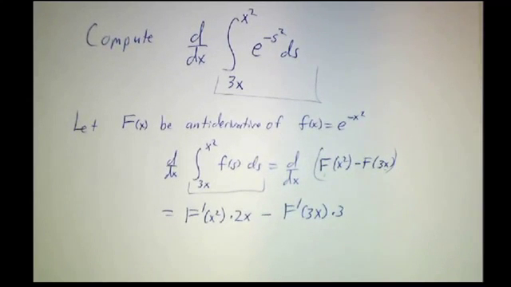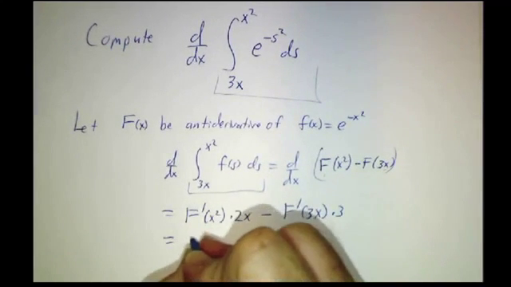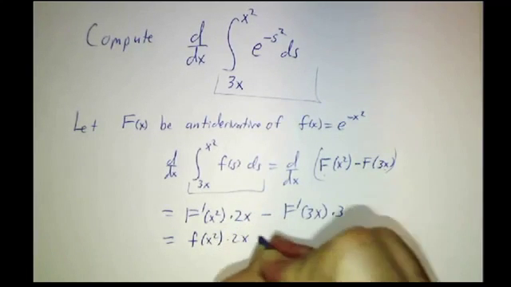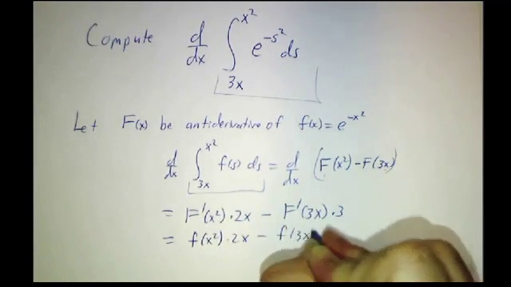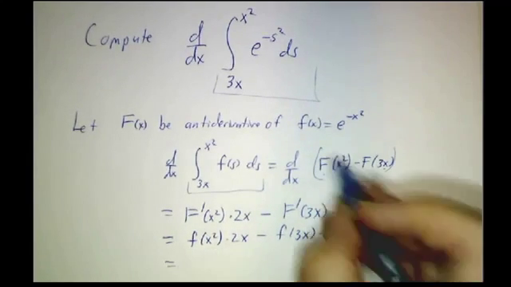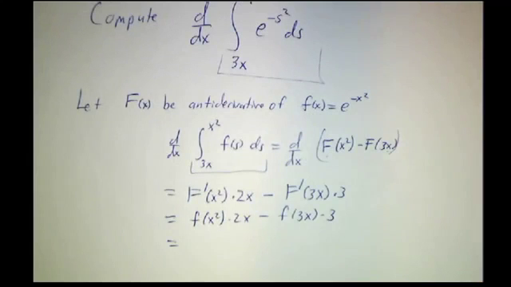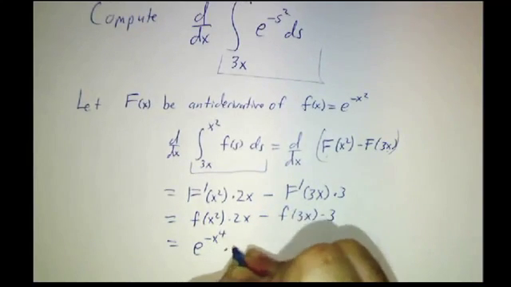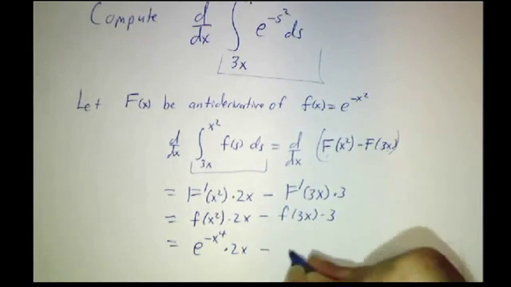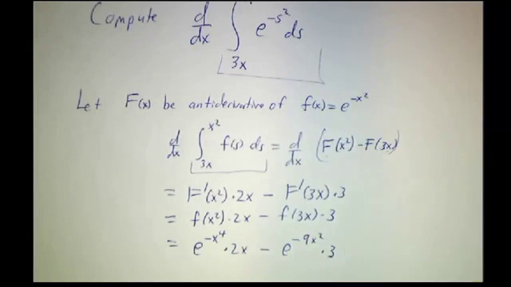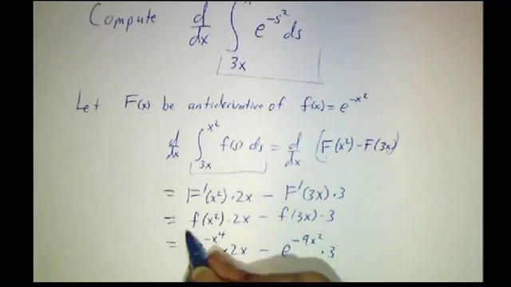Big F is an antiderivative, so the derivative of big F is little f. So you just plug it in. And since f of x is e to the minus x squared, this gives you e to the minus x to the fourth times 2x, minus e to the minus 9x squared times 3. And there's your answer.